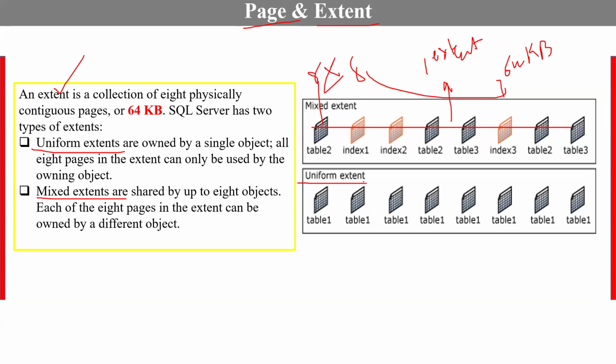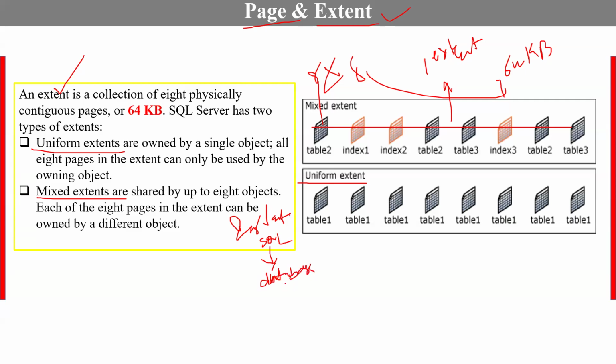On top of the pages, there is one more layer in SQL Server, called an extent. To understand more, for those listening to SQL Server for the first time, I will give you one simple hint. You will install SQL Server, and once you install it, you will create a database.